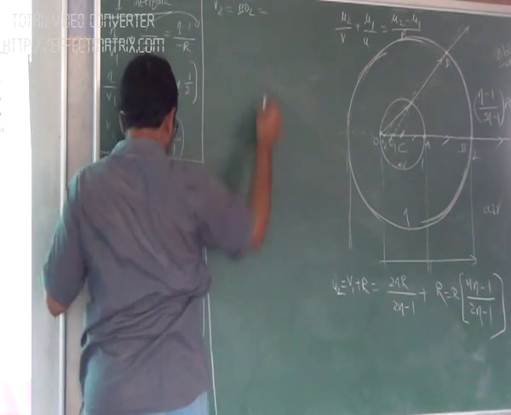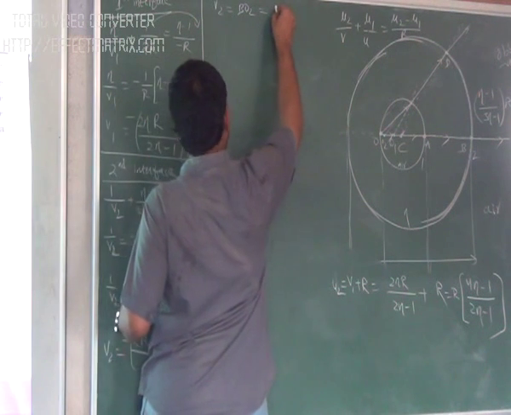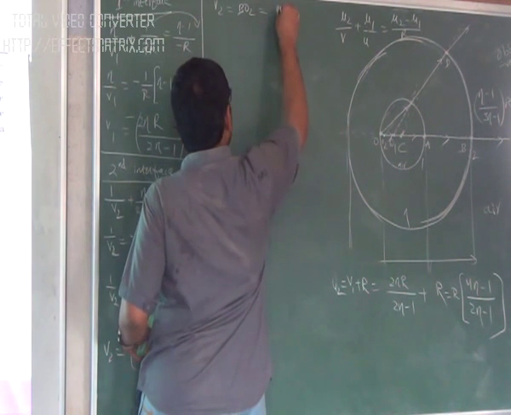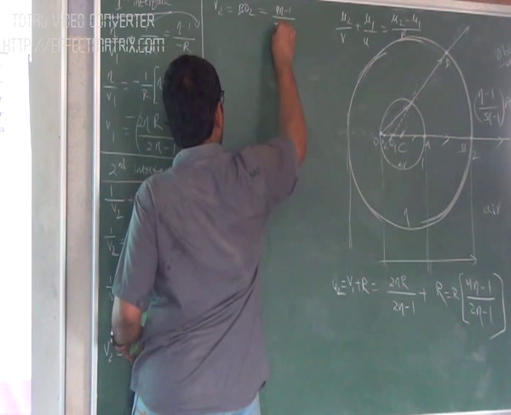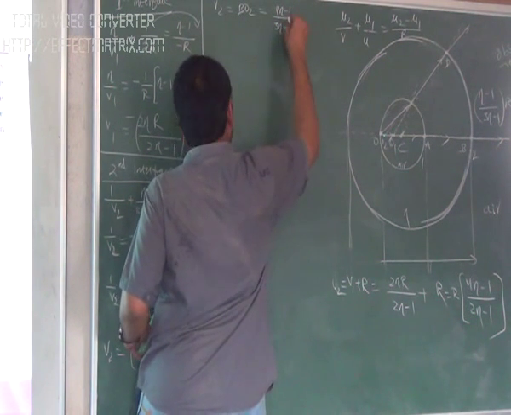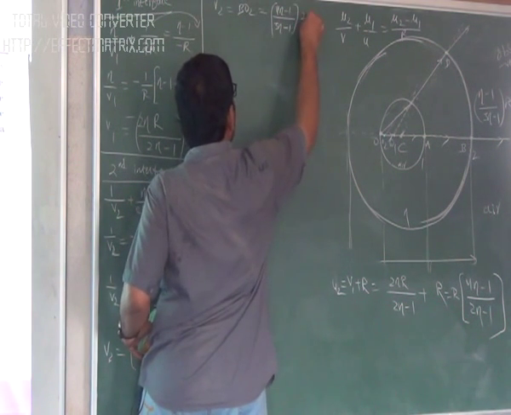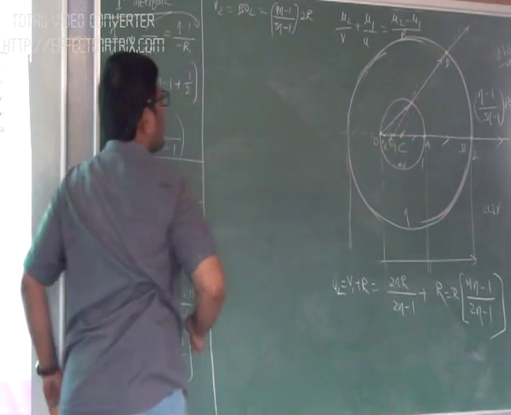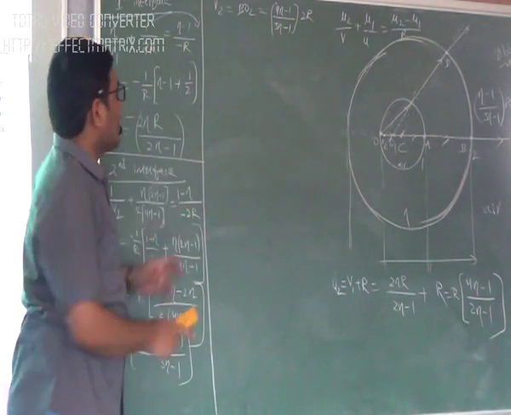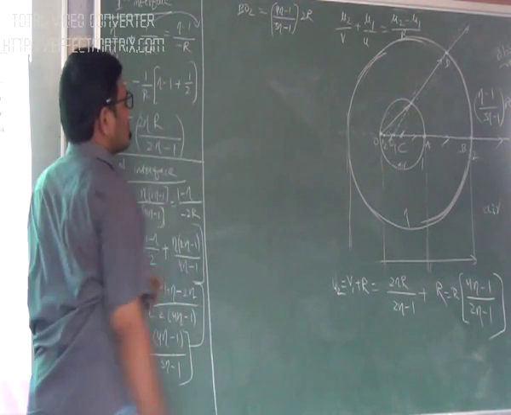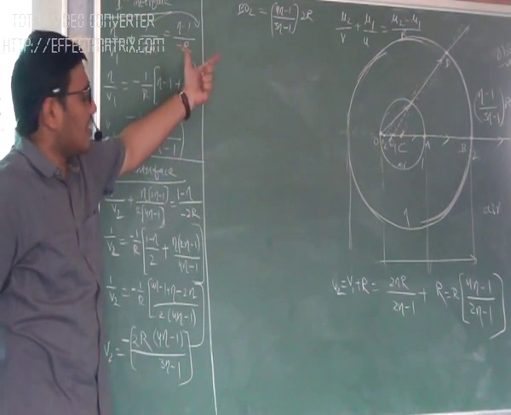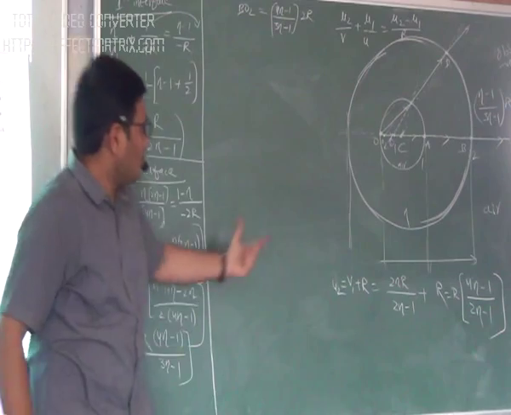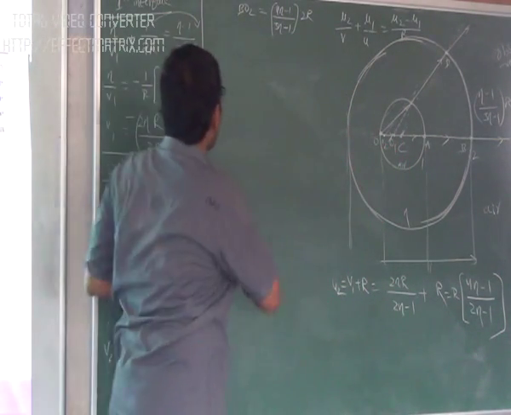BO2 is equal to (4 neta minus 1) upon (3 neta minus 1) times 2R. Clear? We got BO2 as this. I am taking the magnitude.